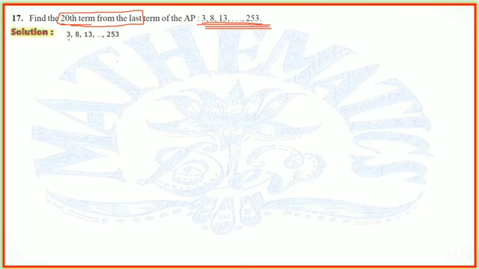The AP is 3, 8, 13, 253 is the last term and the first term is 3. So D is equal to second term minus first term, 8 minus 3, which is equal to 5. So there is a difference of 5 between any two consecutive numbers in this AP.